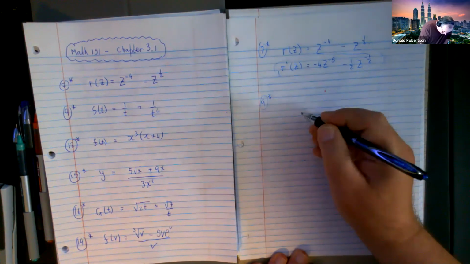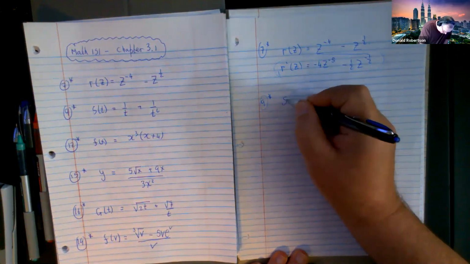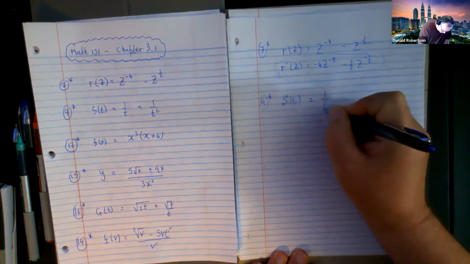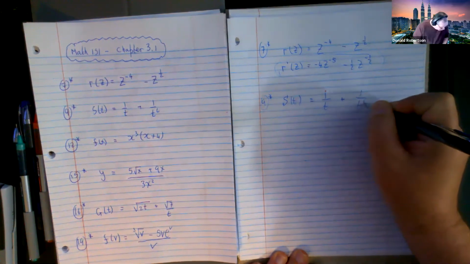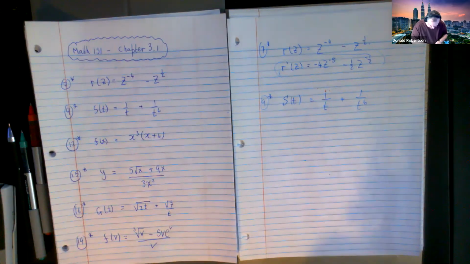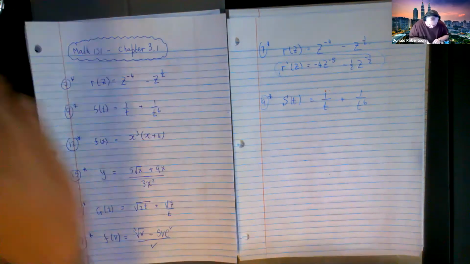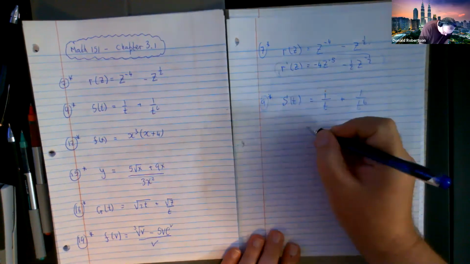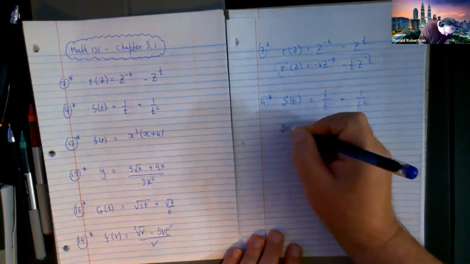However, that's not always going to be the case. In this function here, we need to do some work. You cannot differentiate 1 over t or 1 over t to the 6 if you leave it in that format.